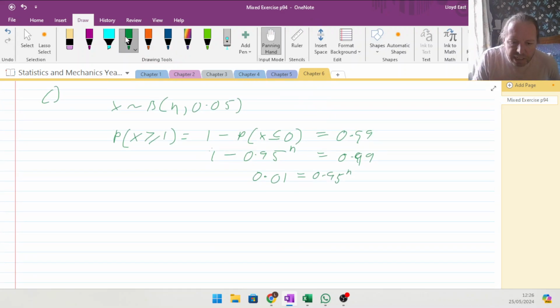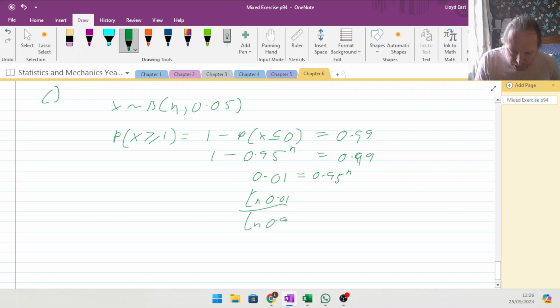Okay, and then we can take the logs of both sides. So we can do the log of 0.01 divided by the log of 0.95 will equal n. Okay, putting that into the calculator quickly then. 0.01 divided by the log of 0.95.